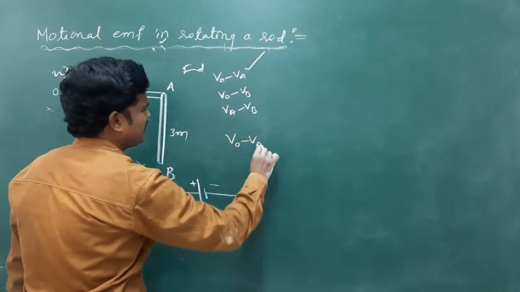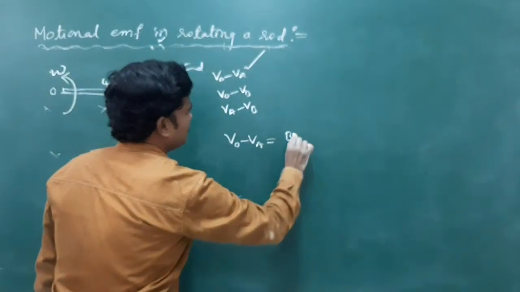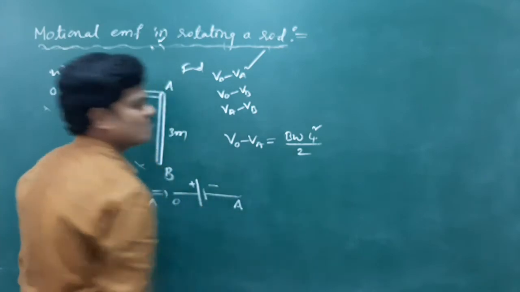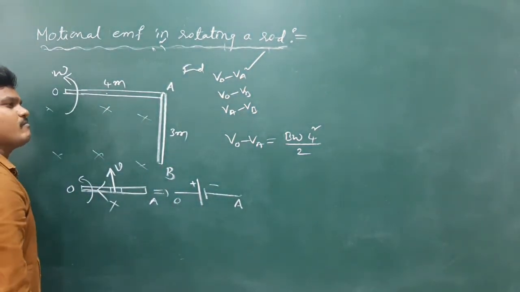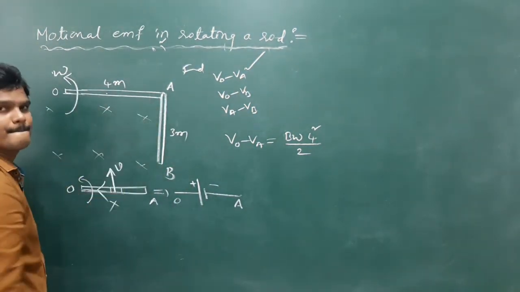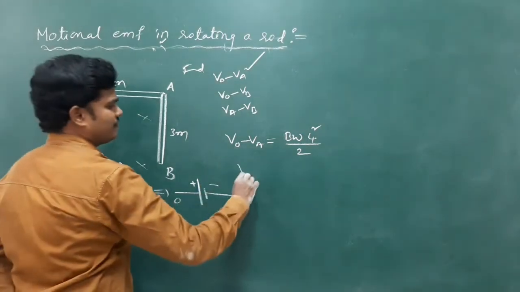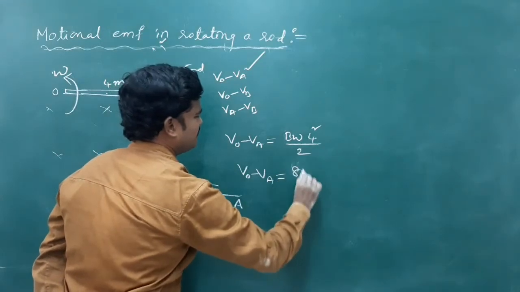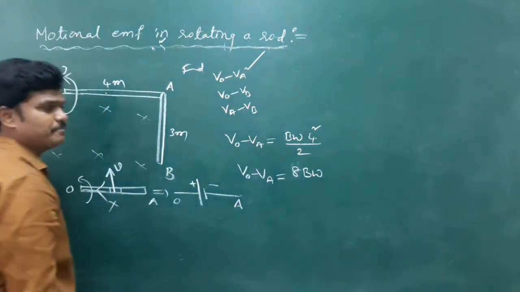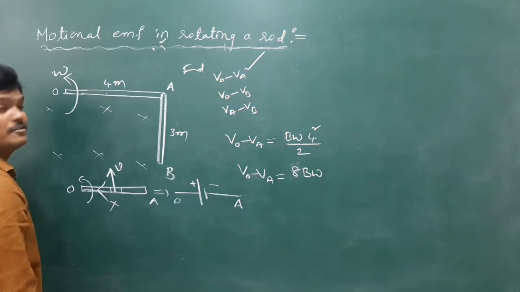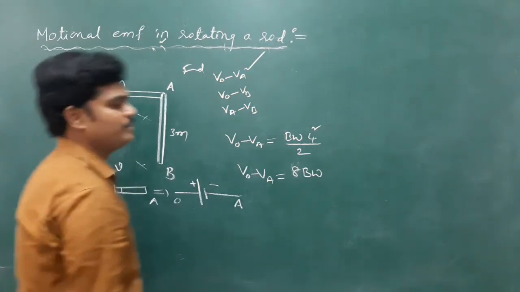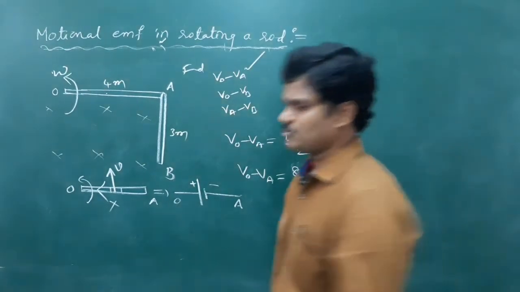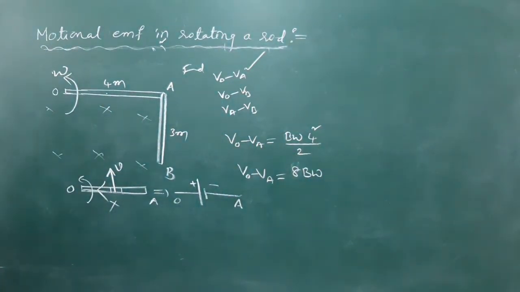VO minus VA is equal to B omega L square by 2. L is 4 meters, L square, so VO minus VA is 8B omega. I got VO minus VA. Try VO minus VB. Identify whether O is at highest potential or B is at highest potential.